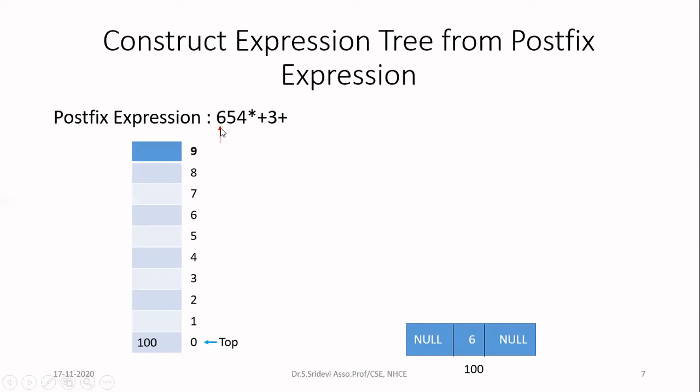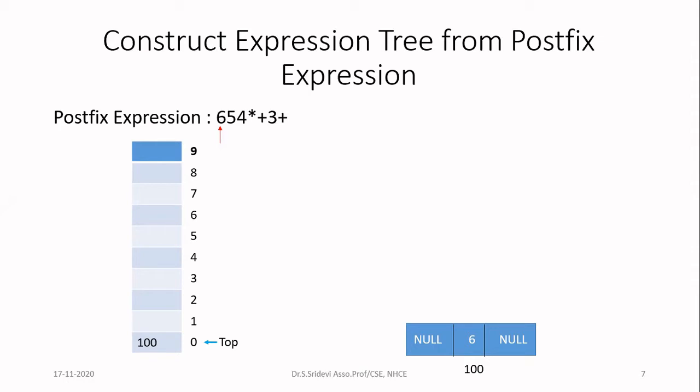So first, I'm scanning the character 6. It is an operand. When I have an operand, first I have to create a node for the operand. And these nodes are nothing but part of a tree. So if we consider the node structure of a tree, every node in a tree will have 3 fields.